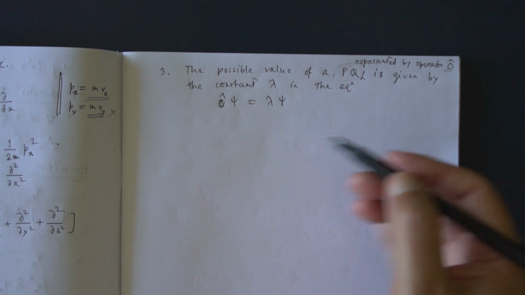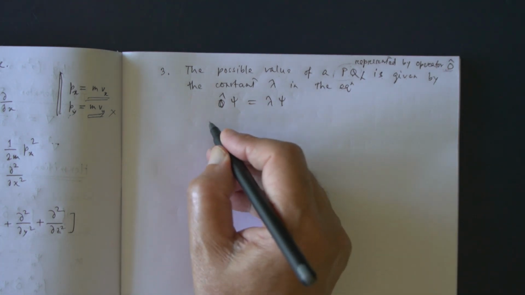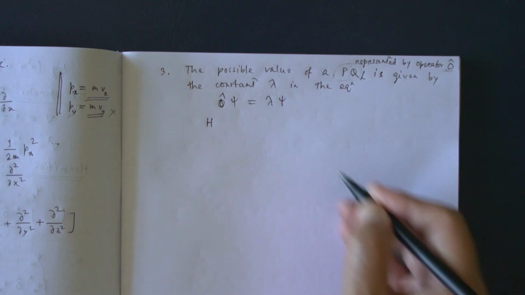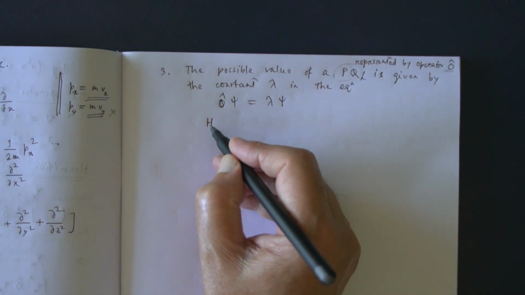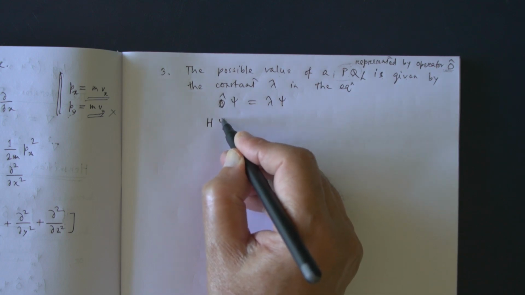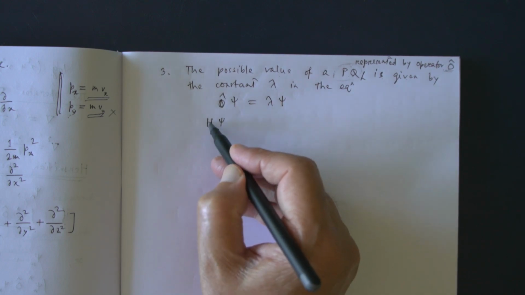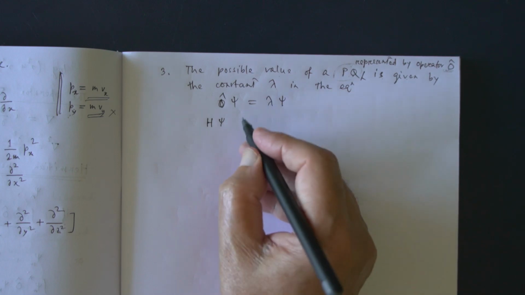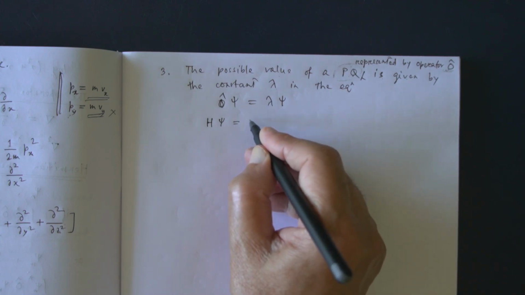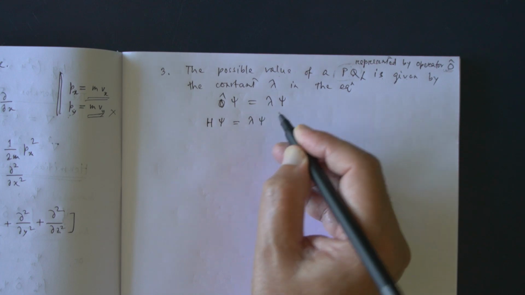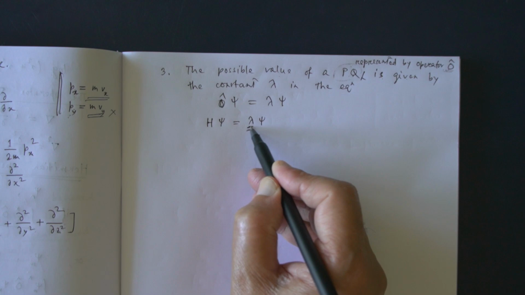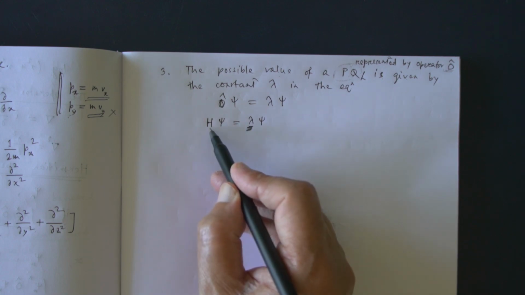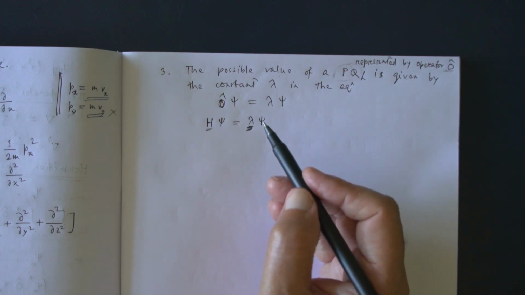For example, say this is the operator for total energy, the Hamiltonian, acting on the function psi gives lambda psi, and this lambda will give the value of the total energy represented by the Hamiltonian operator.